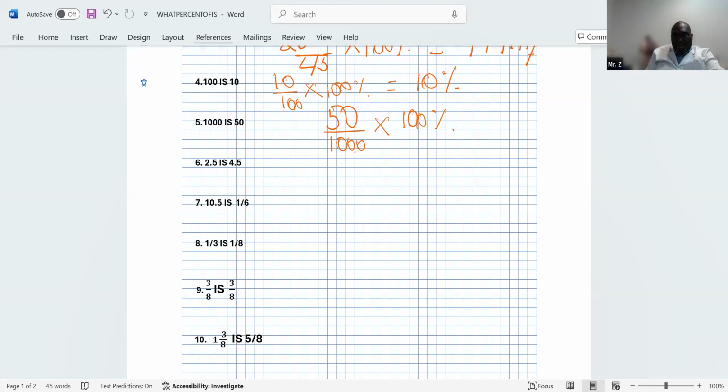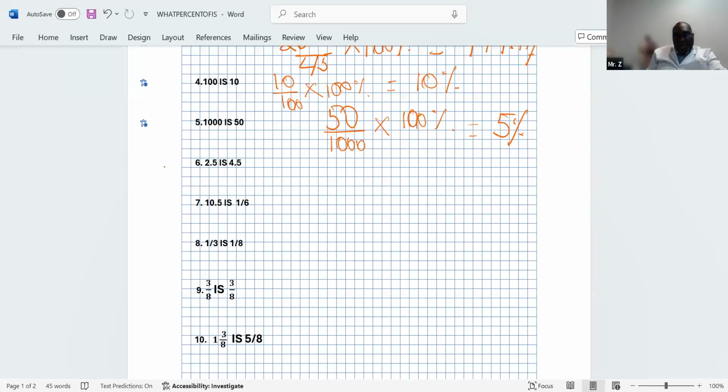The 100 cancels with the zeros in the 1,000. 50 divided by 10 gives you 5. So the answer is going to be 5%. You have 50 times 100 divided by 1,000, so you get 5%. It means 5% of 1,000 is 50.